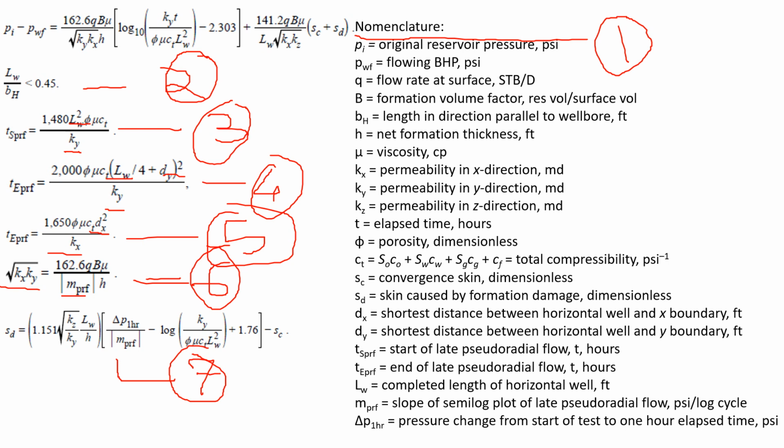The skin equation is basically the same as for a drawdown test, except that the delta P 1 hour is now P 1 hour minus Pwf. To obtain P star, the extrapolated pressure, extrapolate the semilog straight line to a Horner time ratio of unity.